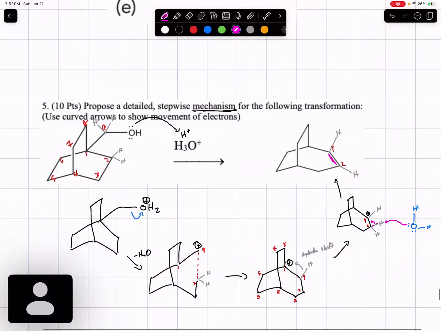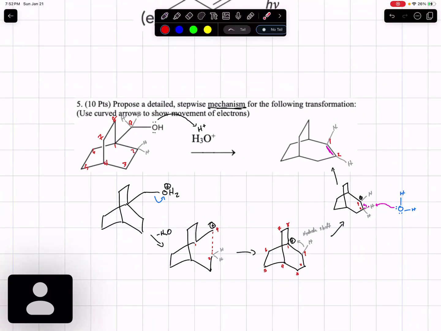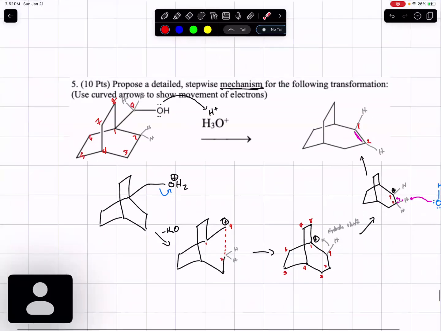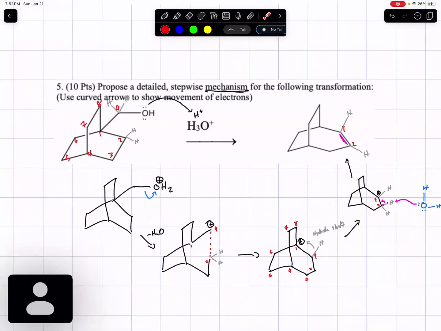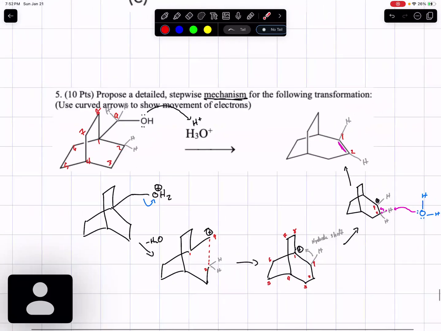Okay? So just to recap real quick, what did we do? We noticed that the alcohol, the hydroxyl group, was leaving. It left, and we also formed an alkene. So we counted our carbons and made sure that there's no change in the carbon skeleton. Since there's no change in the carbon skeleton, we may just have rearrangement.